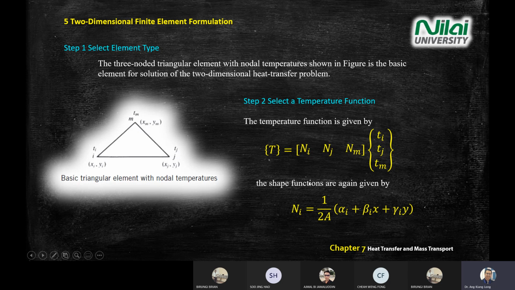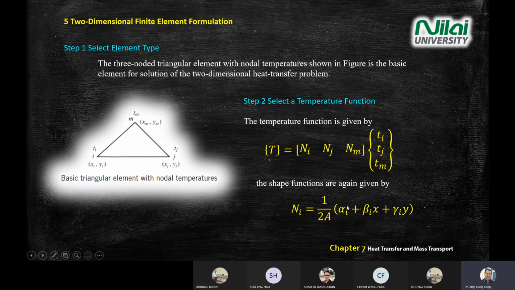The standard equation for Ni is given by 1 over 2A, where A is the area, and recall what the equation for area is when we analyze a triangle. There's one particular equation for that. Then alpha i plus beta i x plus gamma i y.